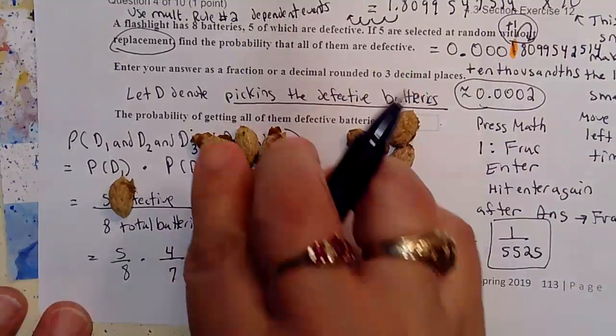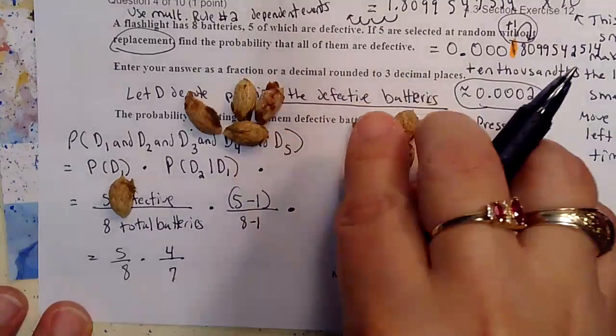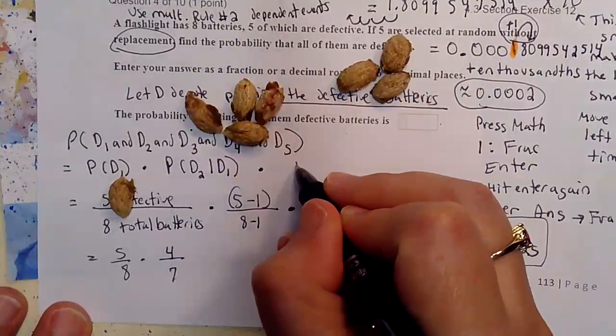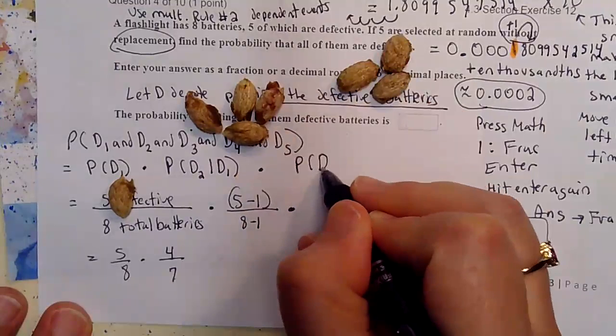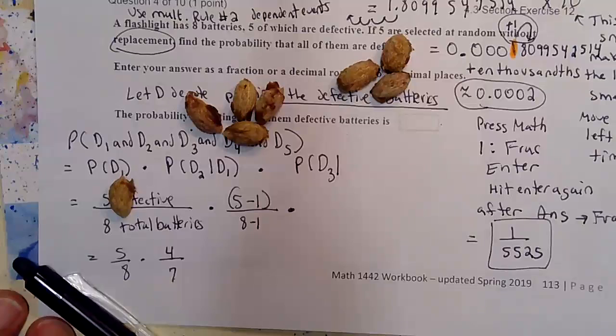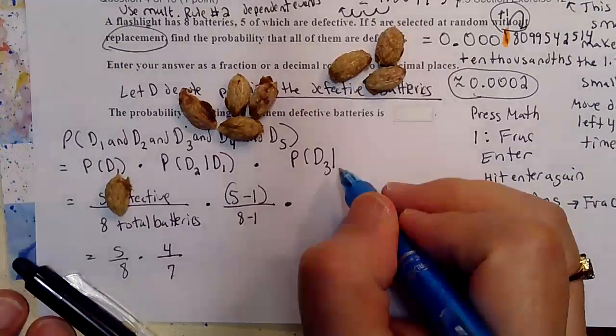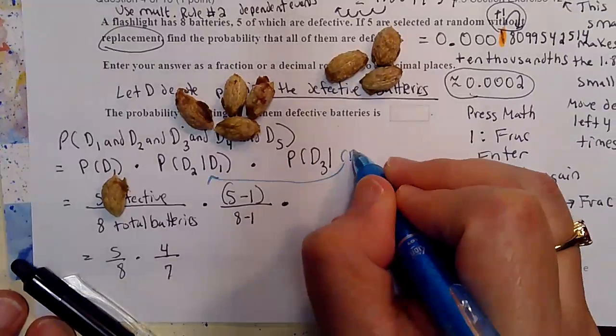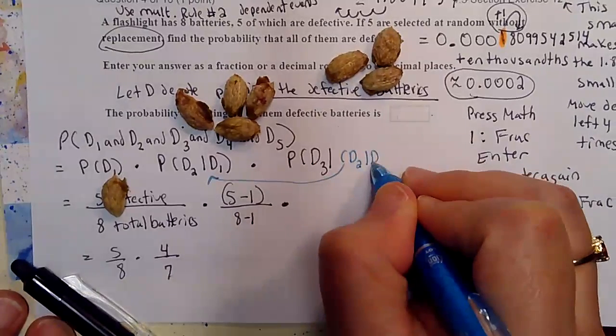Okay, and then your third choice is probability of D sub 3 given that the previous event has occurred. So the previous event is this D sub 2 given D sub 1.